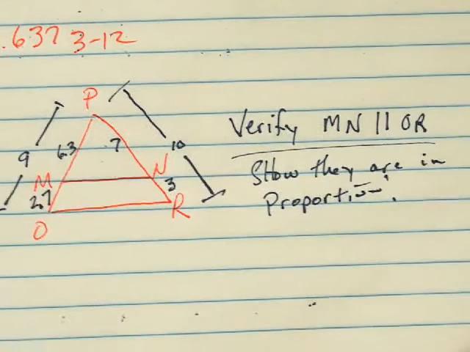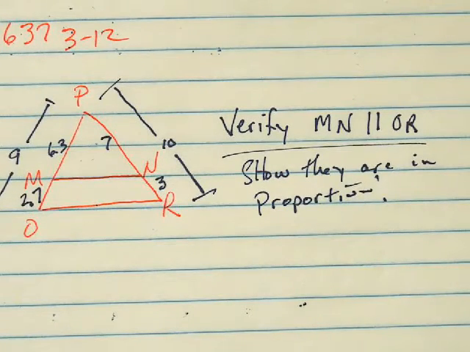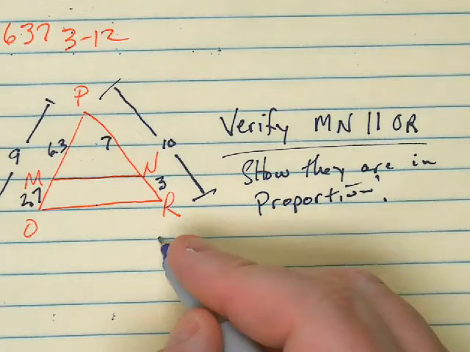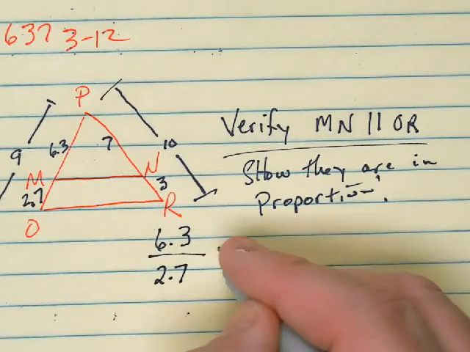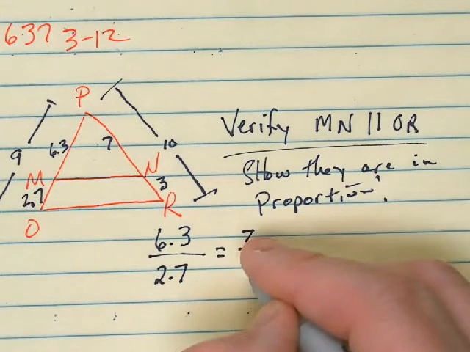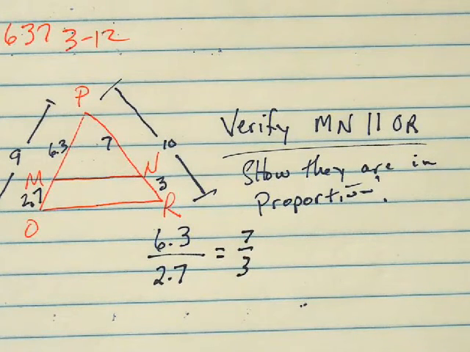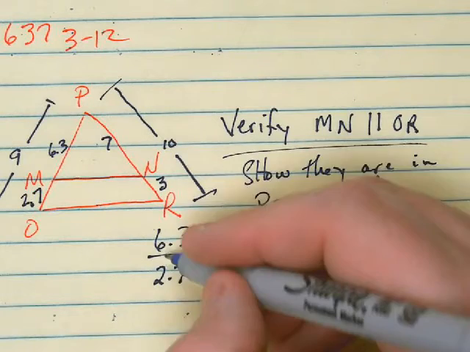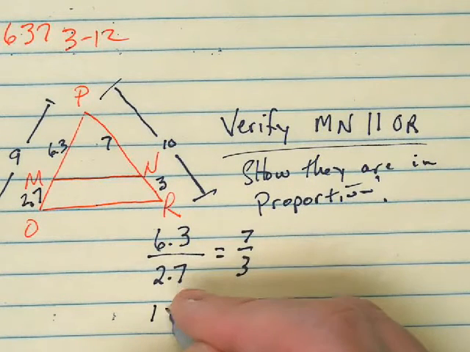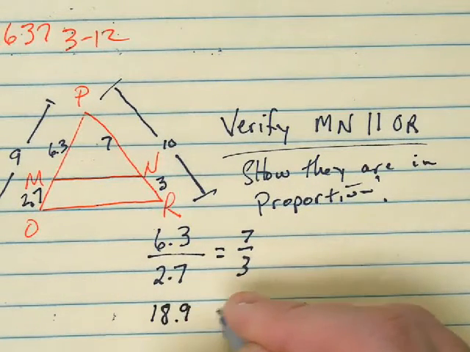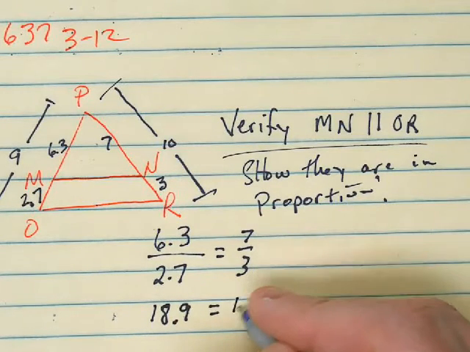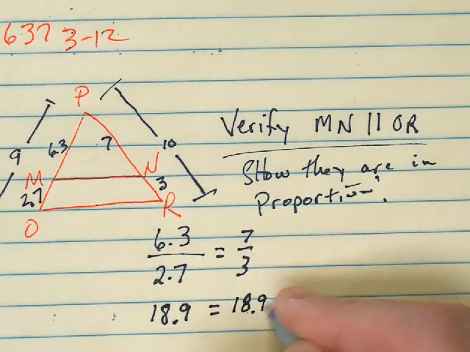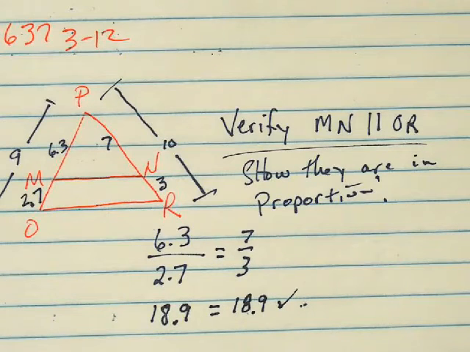So we're going to set up a proportion. 6.3 is to 2.7 as 7 is to 3. Okay, cross multiply. What's 6.3 times 3? 18.9. What's 7 times 2.7? Look at that. Verified. We'd be done.